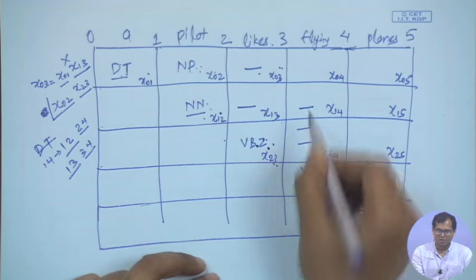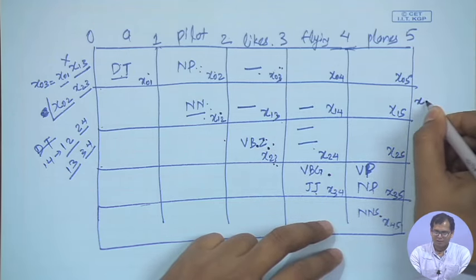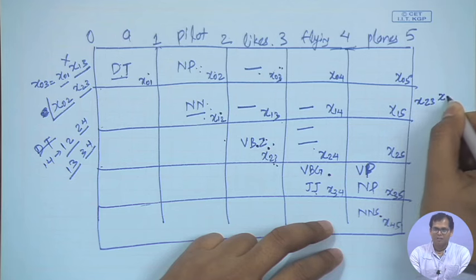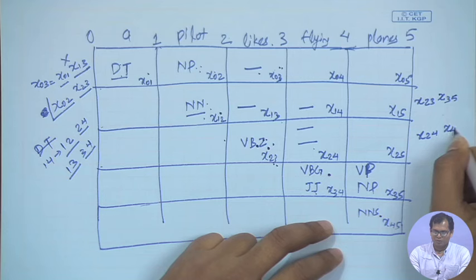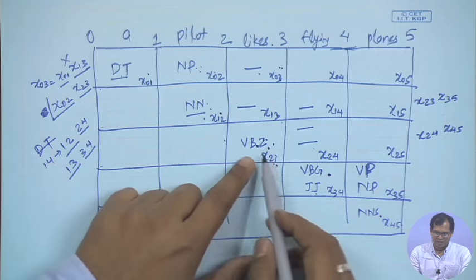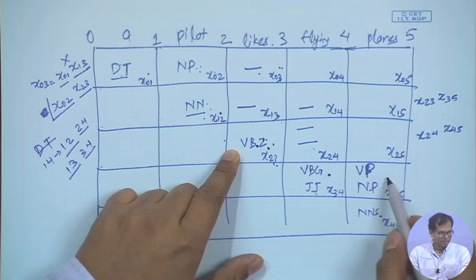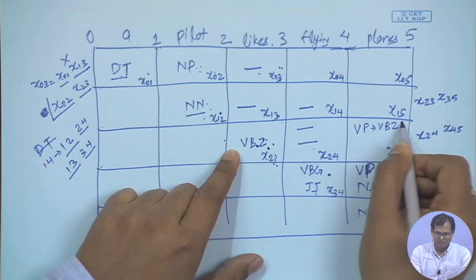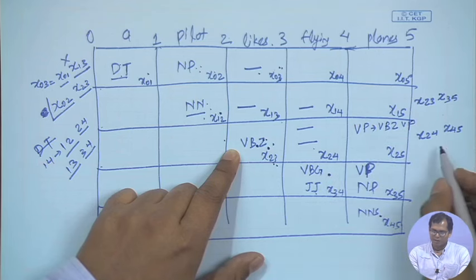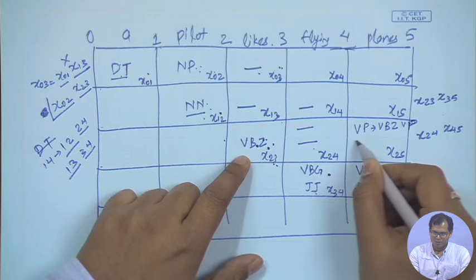So this becomes null also. 2 5 will be 2 3 3 5 and 2 4 4 5. So 2 3 here is VBZ and 3 5 is VP. Is there something with VBZ and VP? Yes, VP gives me VBZ and VP. 2 4 4 5, 2 4 is null. Okay, so this is my VP.